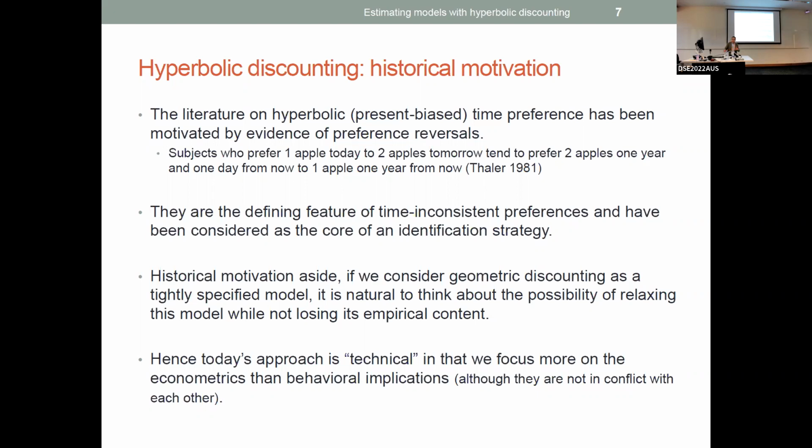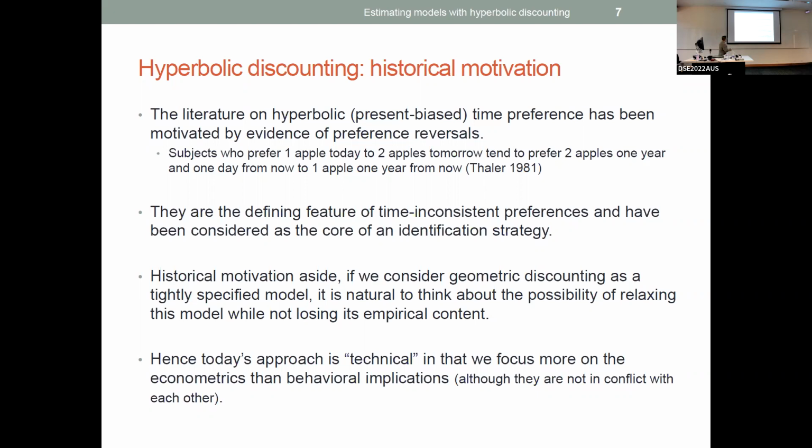But I mentioned at the beginning that the literature evolved from widely different perspectives, theoretical, empirical, and with very different focal points. This is a focal point from behavioral implications.